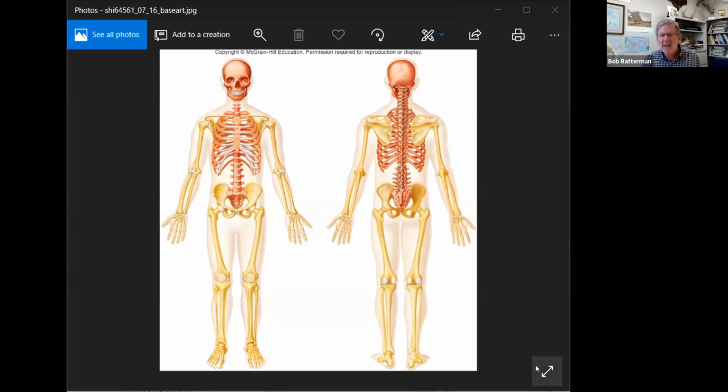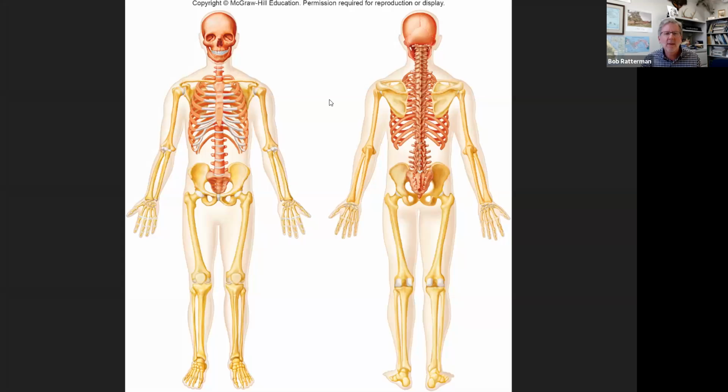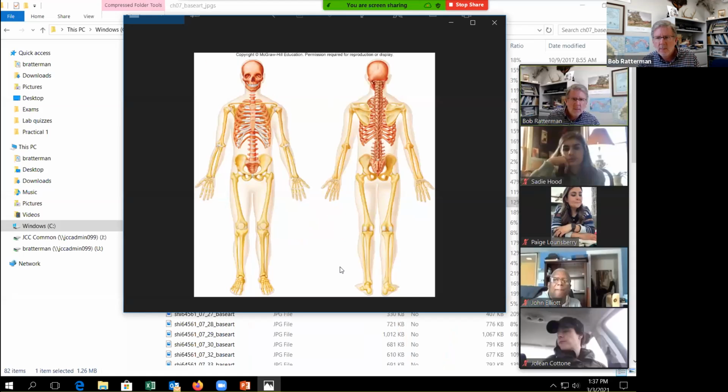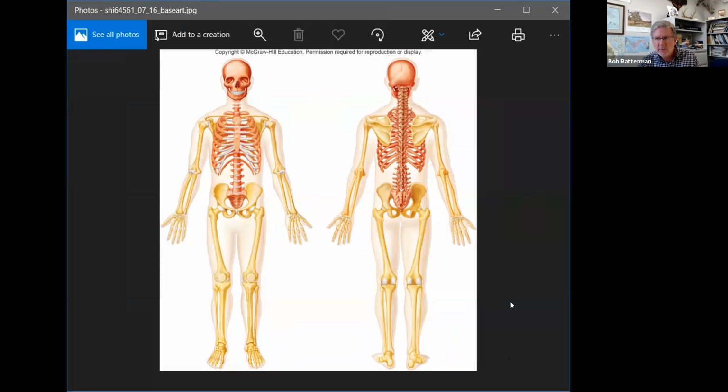Now the bad thing about this diagram is there's no lines going to the individual bones, but that's okay. All right, so everybody see the anterior and posterior views? Yes? No? Can you see them?